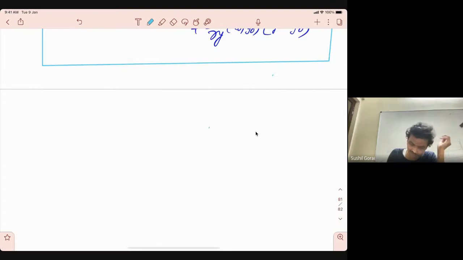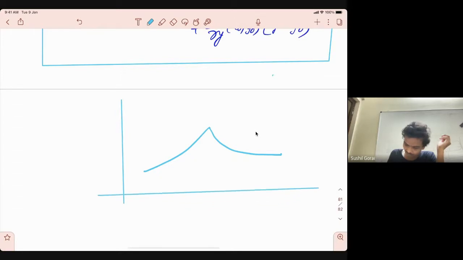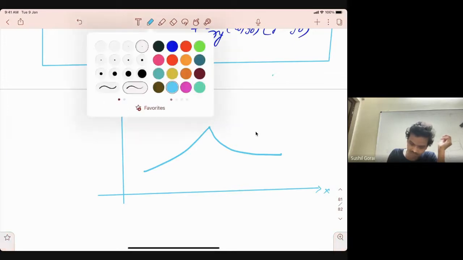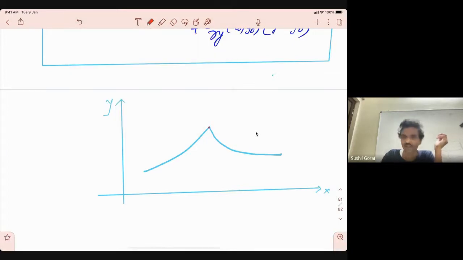Right. So look at this example in one variable. This is a graph, right? So what is the tangent at this point?